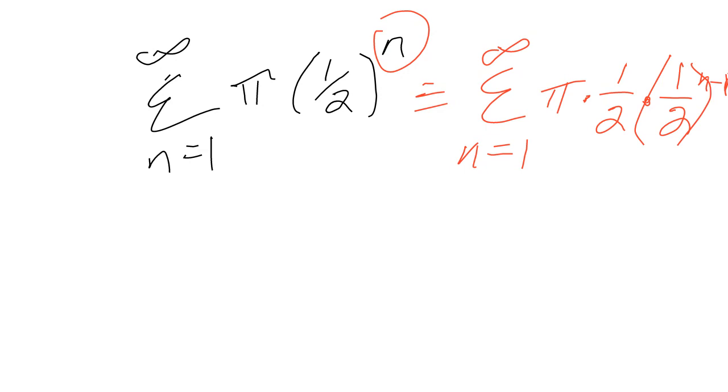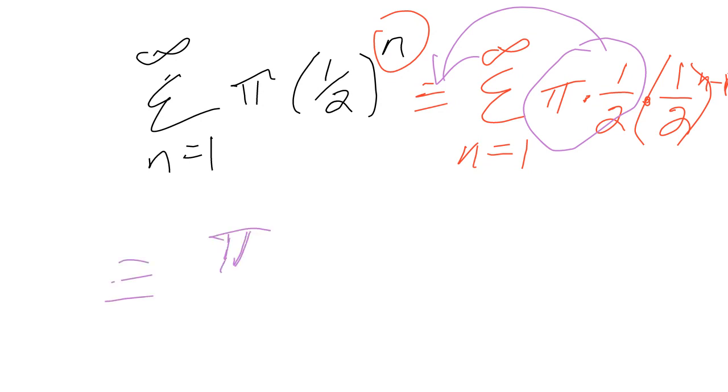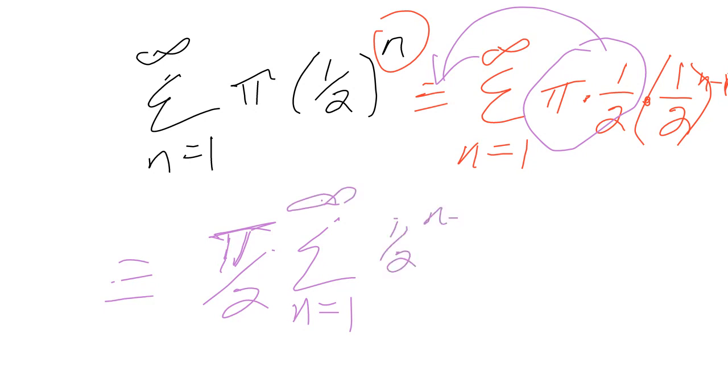And then, of course, what can I do now? 1/2 times pi can come out front, so this is equivalent to pi over 2 times the sum, n equals 1 to infinity, of 1/2 to the n minus 1 power. Okay, now remember, in this case, this is also a geometric sequence, right?